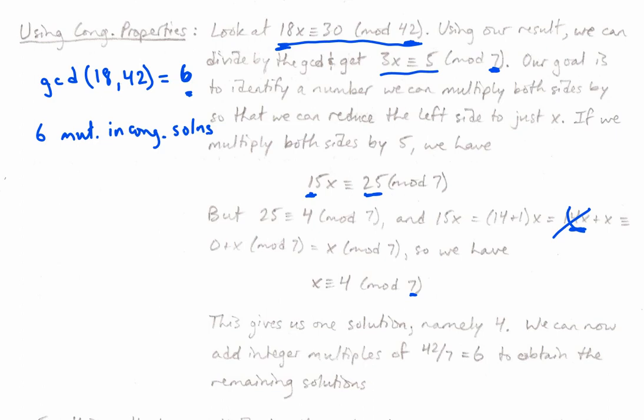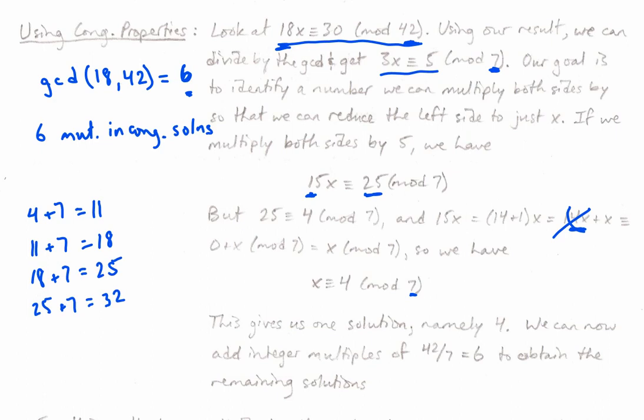So if I take 4 and I add 7, I get 11. If I add 7 onto that, I get 18. Add another 7, I get 25. Add another 7, I get 32.